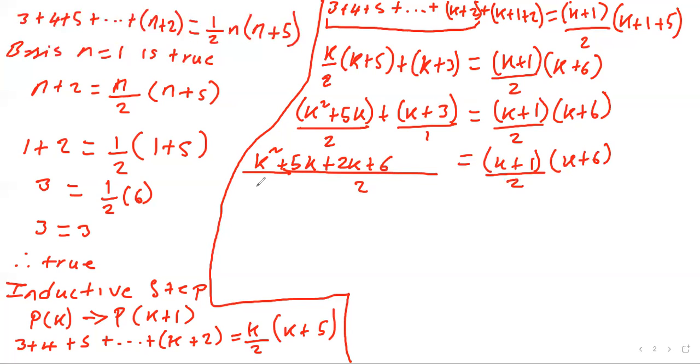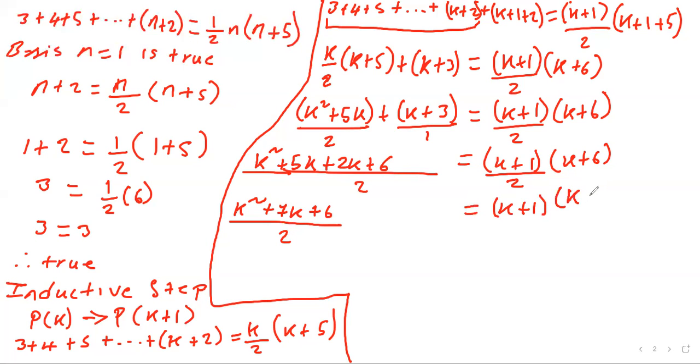So now we're going to add the like terms. So we have k squared + 7k + 6, all over 2. Now, if you look closely, you notice that on the left side we have a quadratic expression.